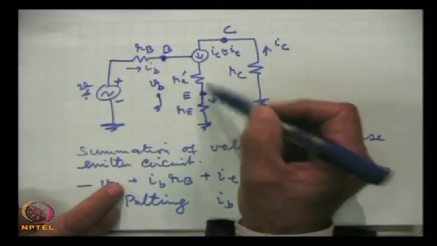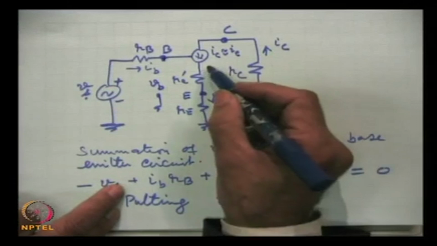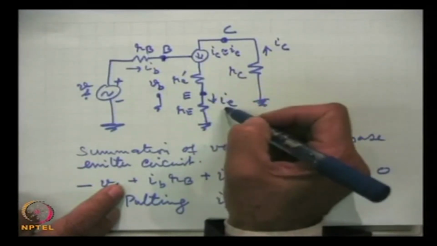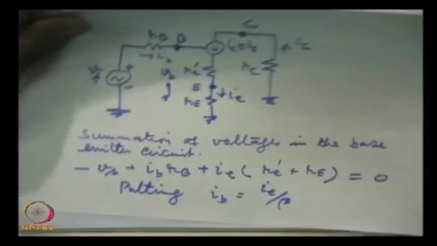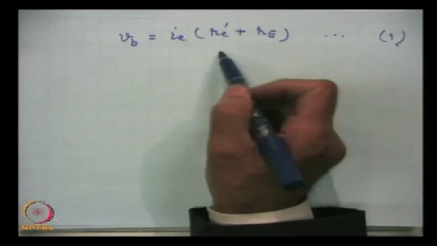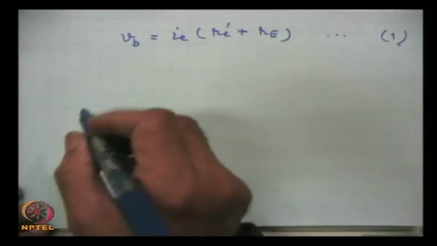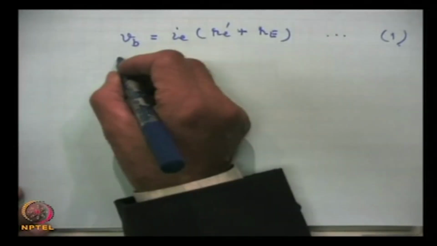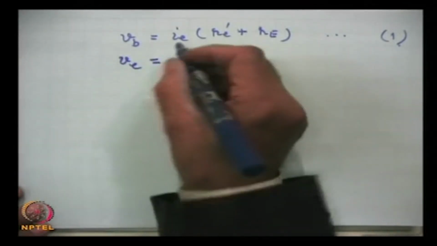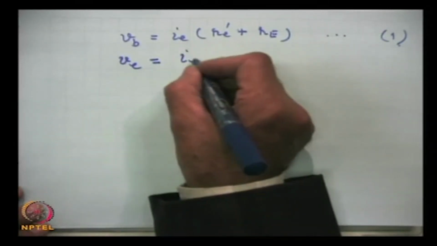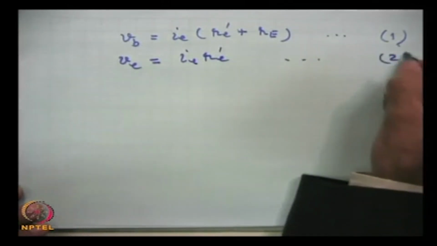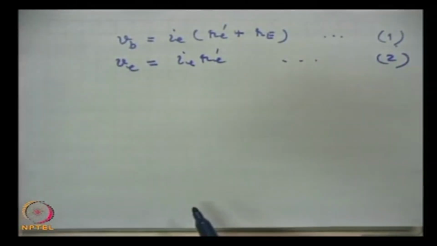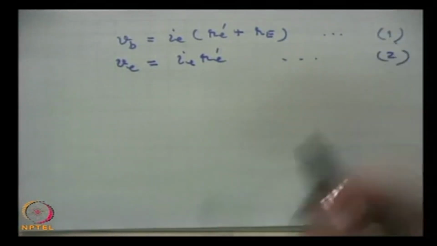Now, these two resistances are in series and the current flowing from here is Ie. So, obviously, the voltage which we will get will be what I have written, Ie into the two resistances in series, and Ve is equal to Ie Re. This we will be using further. So, that is why you should note down these equation numbers also.